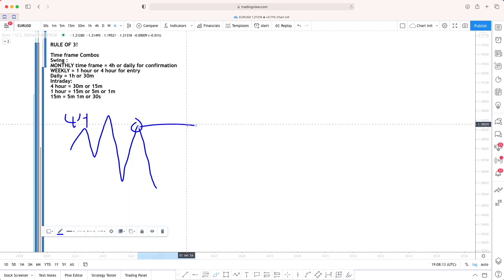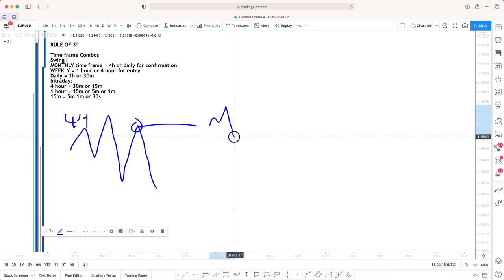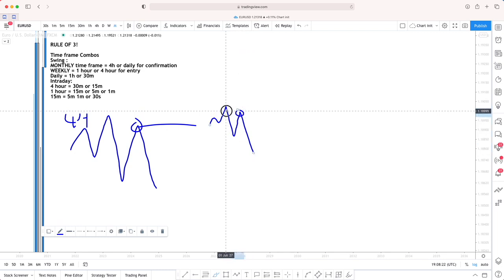Then what you do is look for the confirmation again on your say 15 minute or 30 minute. Say that this is the 15 minute and you got your 15 minute OB that's here. You can refine this OB as tight as you want, to get the best risk to reward in this situation, as you normally would in terms of refining the OBs.